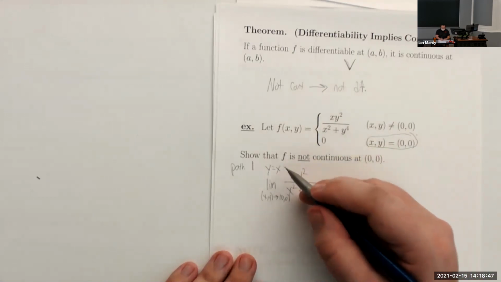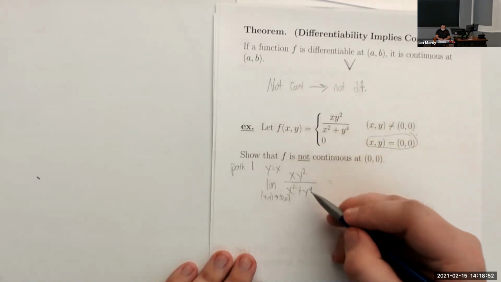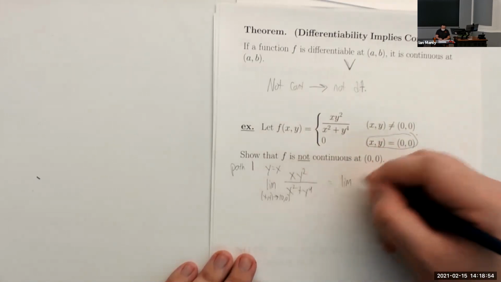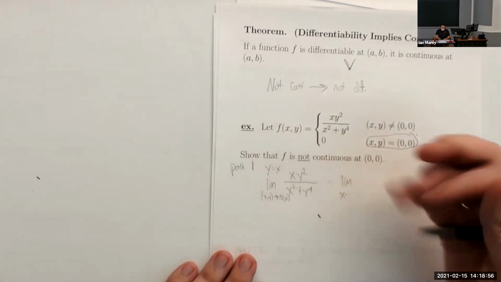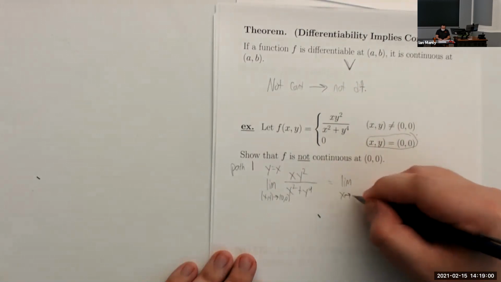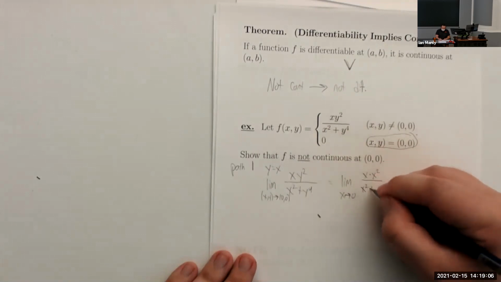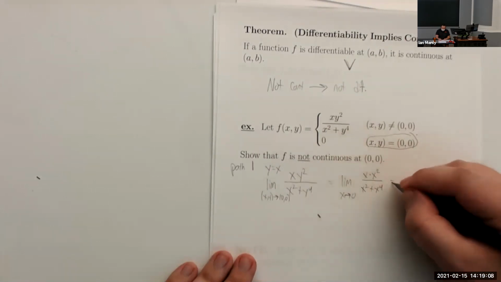Now, if we move along the path y equals x, I'm going to replace all of these y's with x's, because x equals y on this path. So now we only have x going to 0. And I have an x times x squared over x squared plus x to the fourth.